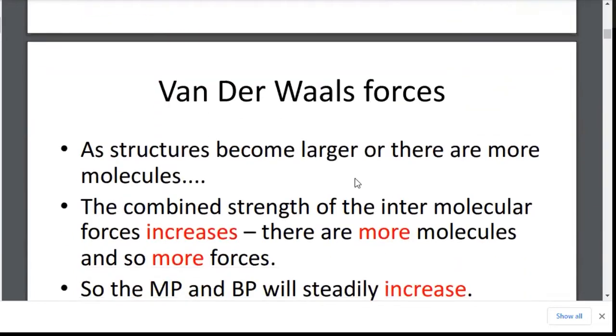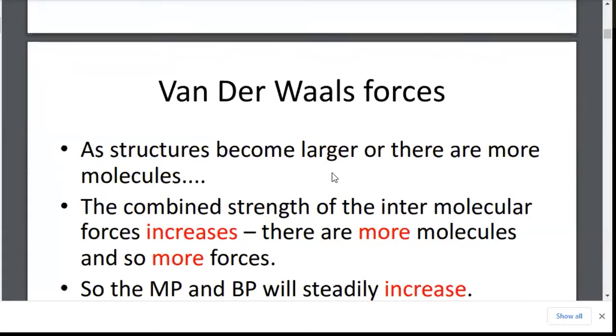What happens, though, as structures become bigger or there are more molecules, is that the combined strength of what we call intermolecular forces increases. That just means the forces between the molecules, not within them. As you get more molecules, you also get more forces.